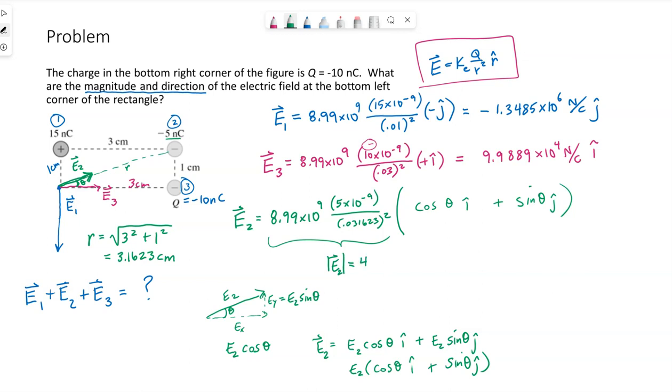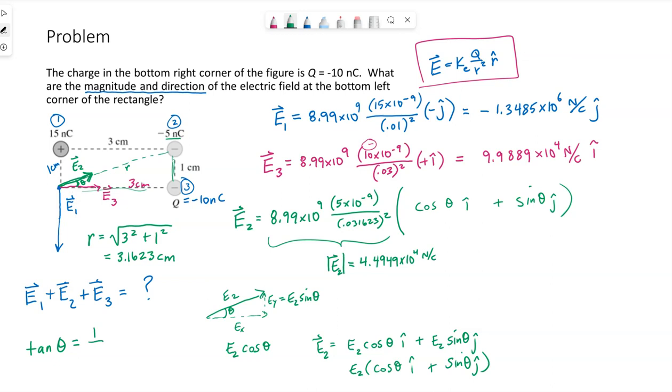The magnitude is 4.4949 times 10 to the 4th newtons per coulomb. So now we're just going to end up multiplying by cosine theta and sine theta. So we need to figure out theta. This angle, I'm going to come over to the left here, tangent of theta is the opposite side. So I'm actually going to use the dimensions of the original rectangle to find this.